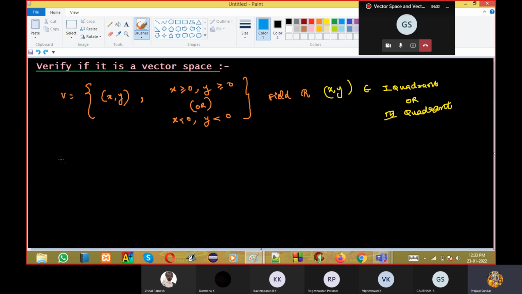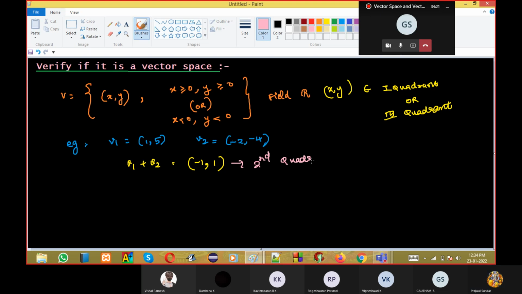Now this is not a vector space. Now listen carefully. Suppose, for example, I am taking vector 1 as 1 comma 5 and vector 2 as minus 2 comma minus 4. Now add these two. The result is in the second quadrant. This is not a part of the vector space, because in this vector space you need to have either the first or the third quadrant.